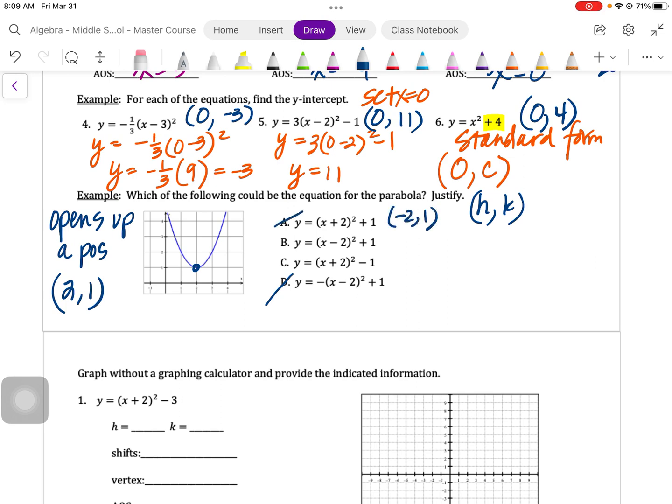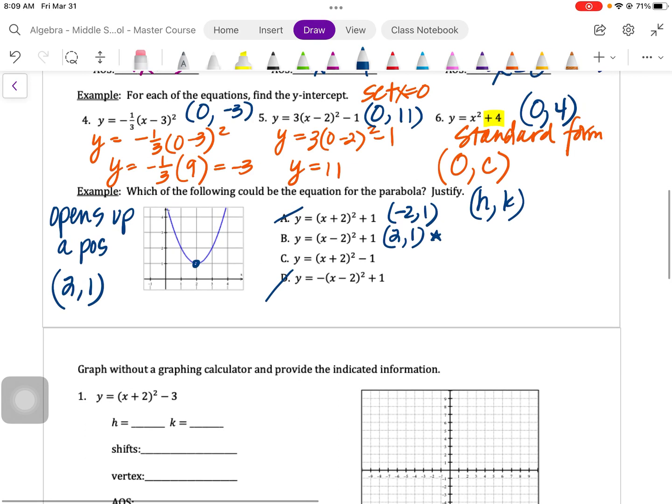So that's clearly not the answer. For B, it looks like my vertex would be at +2, 1. So it looks like this is the answer, but I am going to double check C. So for example, C, my vertex would be at -2, -1. So that is definitely not the answer. So it looks like B is the best answer there.